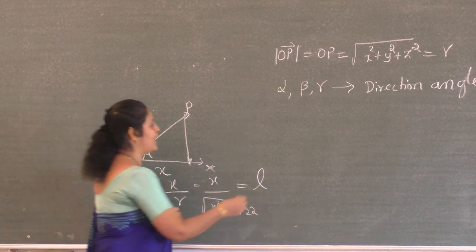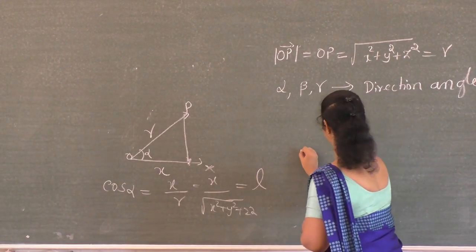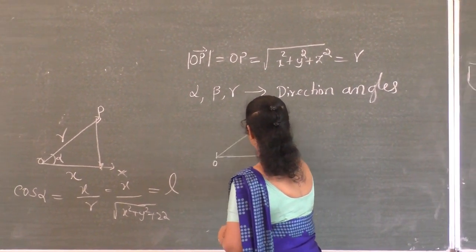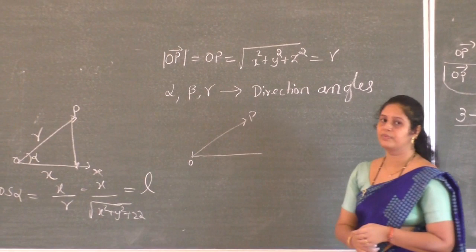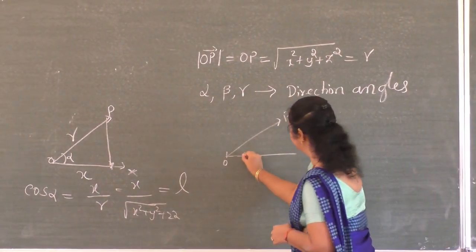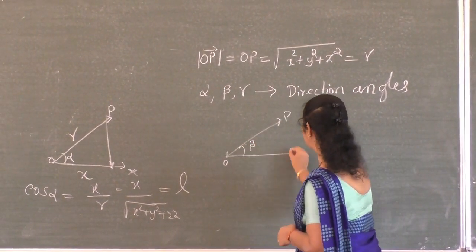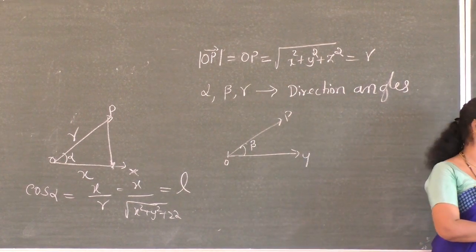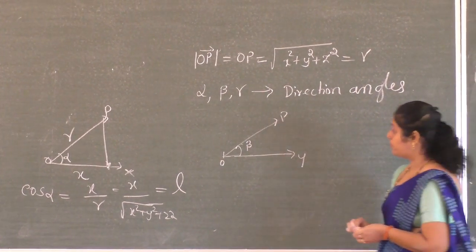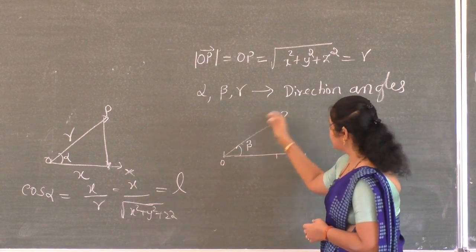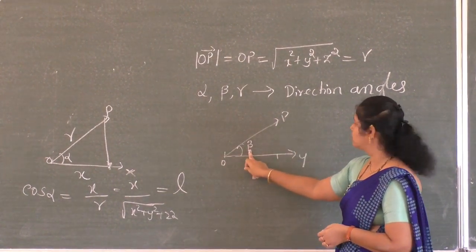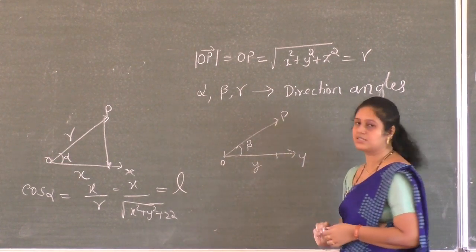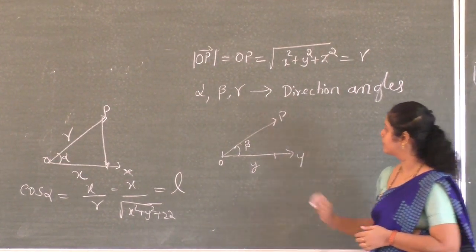In a similar way, it makes angle beta with the y-axis. Since it is a 3D plane, you can't show it on the board properly. So vector OP makes an angle beta with the y-axis, and it moves y distance on the y-axis.